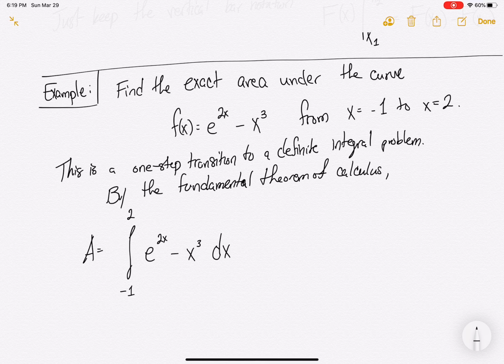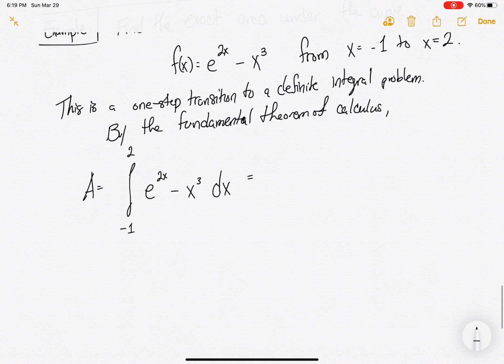We can use u substitution on e to the 2x, or I will help you out here as an aside, and I'll throw this on your exam too.